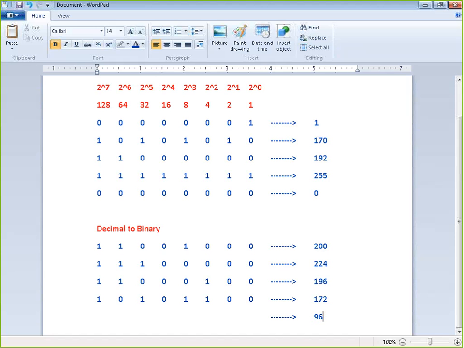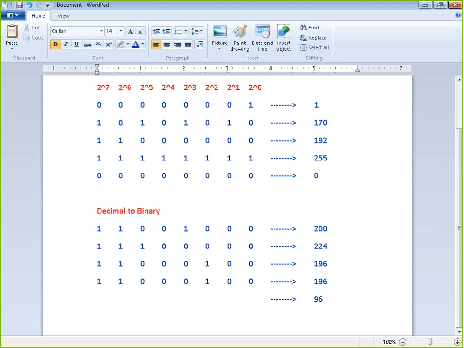And I'll give you one more question so that you complete both of them: 155. Look for the values of both of them, 96 as well as 155.